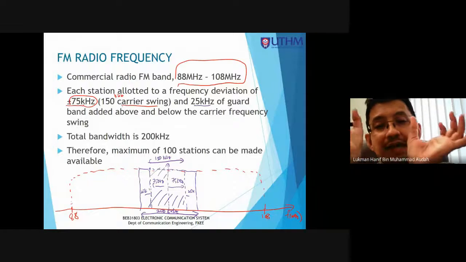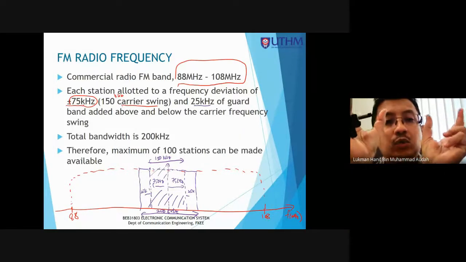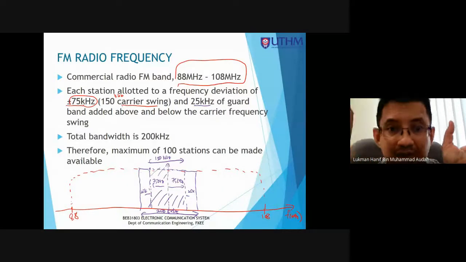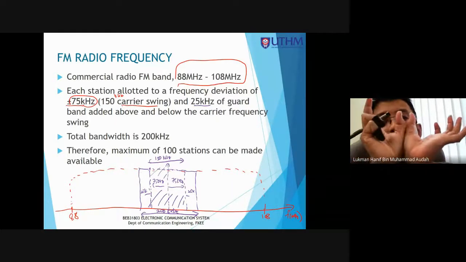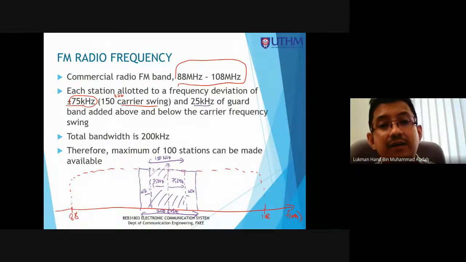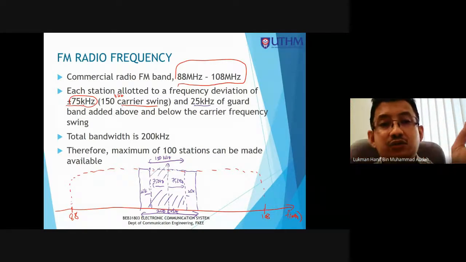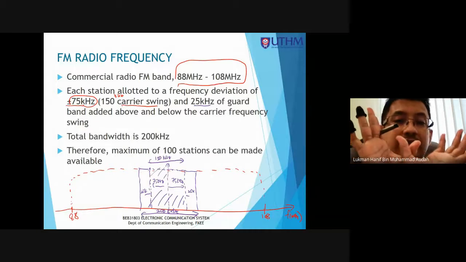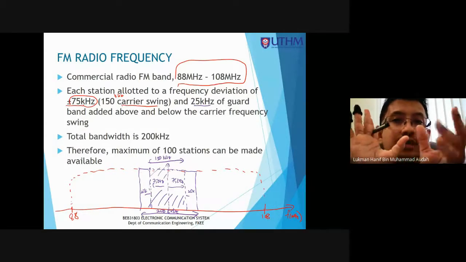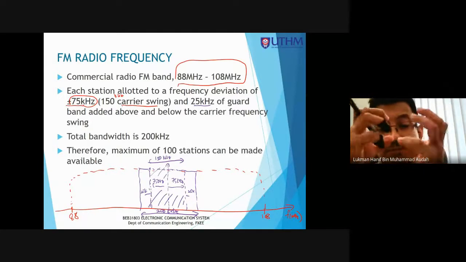Guard band ini boleh dikatakan seperti ruang kosong, macam pagar lah sebenarnya, contoh untuk memisahkan antara satu channel dengan channel bersebelahan. Okay, untuk mengelakkan berlakunya interference. We don't want the adjacent channel to overlap.